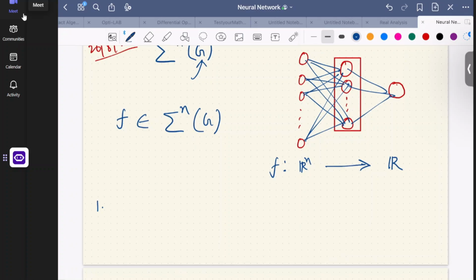Okay. Kind of like image recognition. If you take up this one, image recognition.